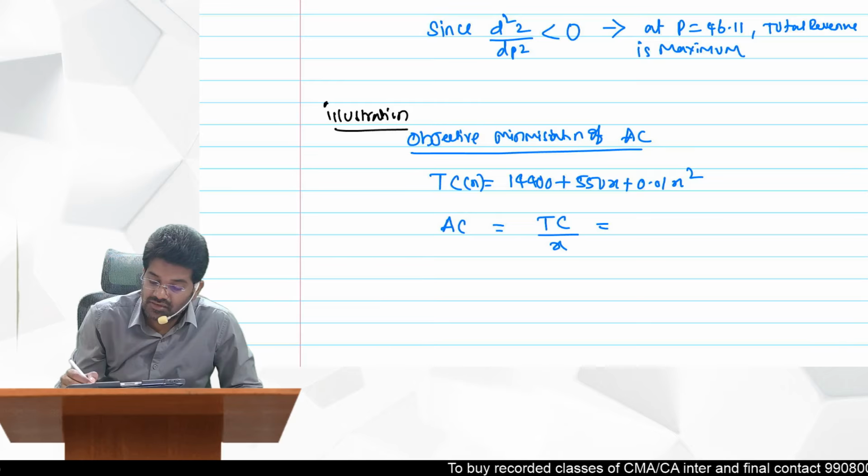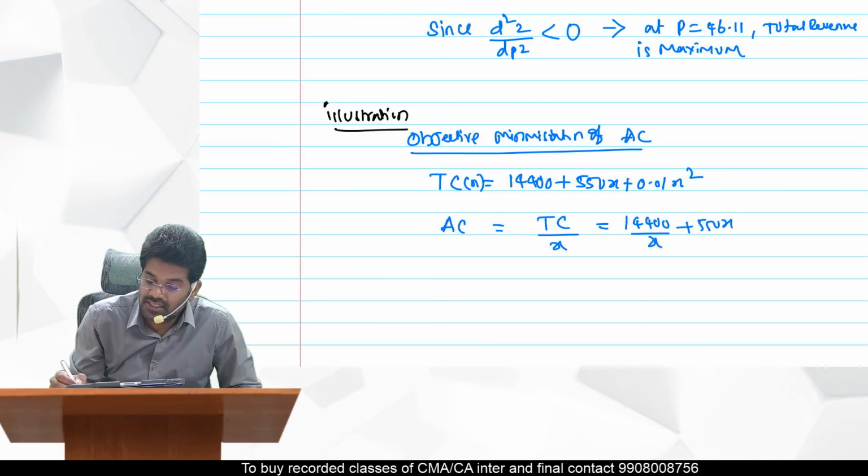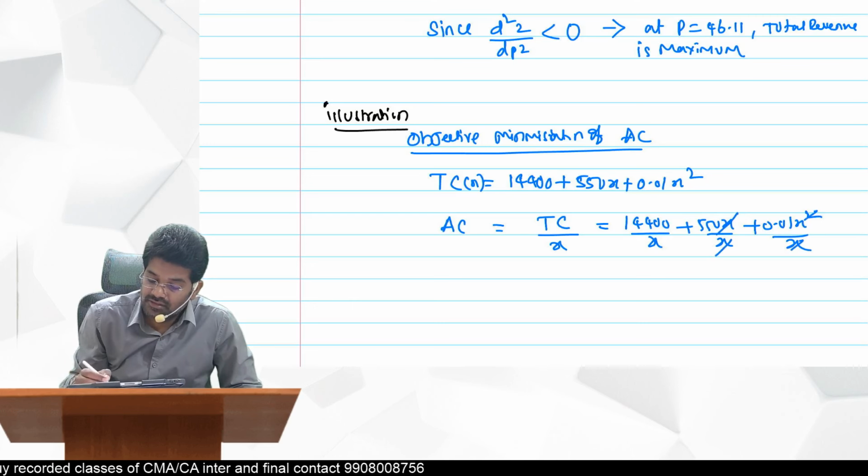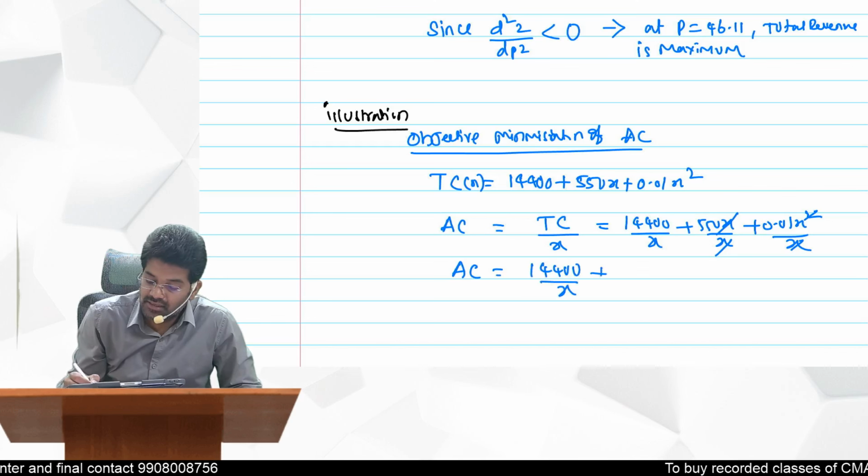Yes, that means 14,400 divided by x plus 550x divided by x plus 0.01 x square divided by x. X, 1x gone. So average cost is equal to 14,400 divided by x plus 550 plus 0.01x.